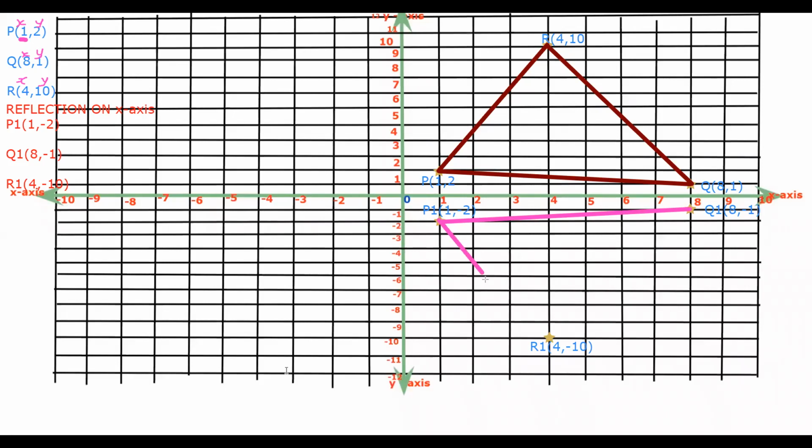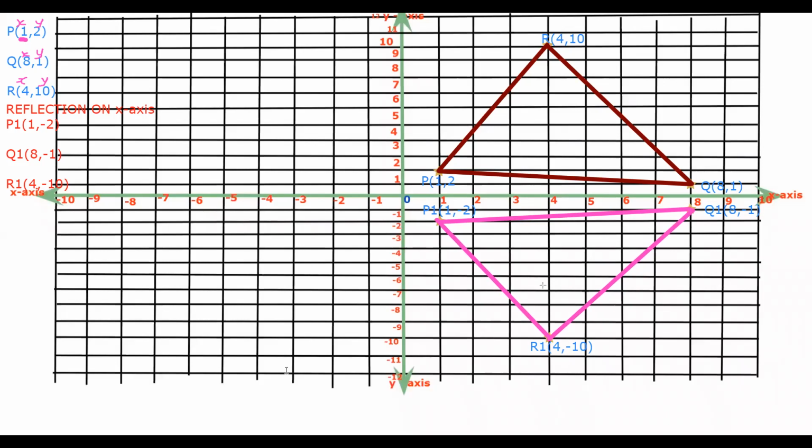And then you join points P1 and R1 with a straight edge, okay? So the P1 with a straight edge here, and then you join points Q1 and R1 to form a shape here, okay?